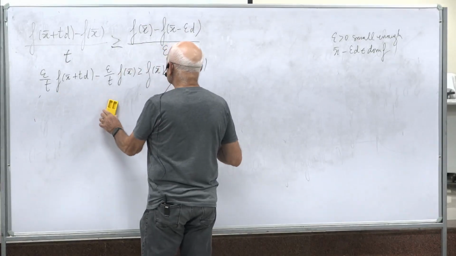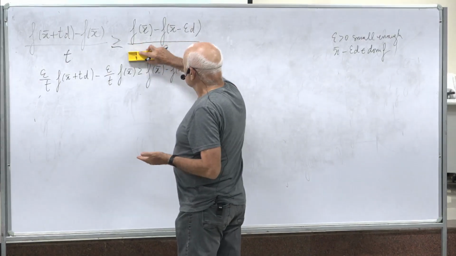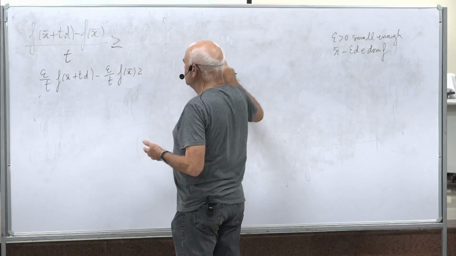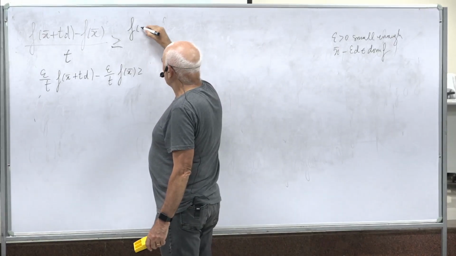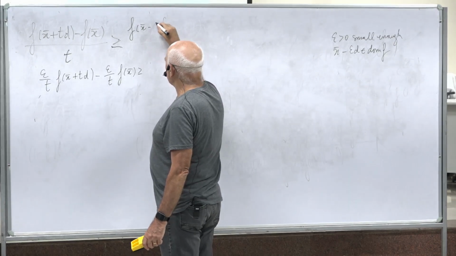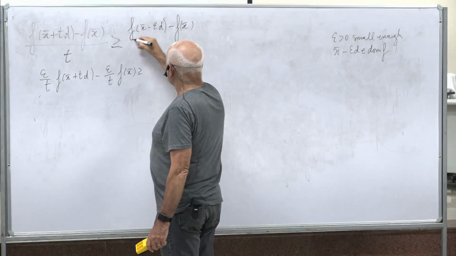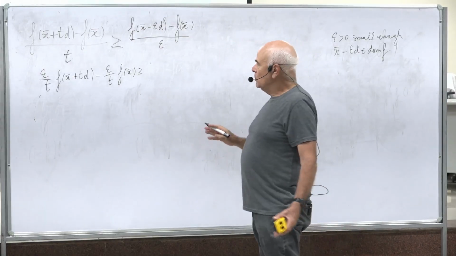It's inconvenient. So this means that it may be, I told you that then it should be the opposite. f of x bar minus epsilon d minus f of x bar divided by epsilon. Let's see if it works. Who knows?